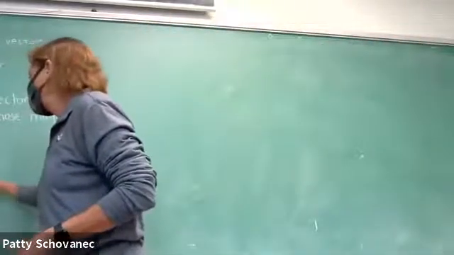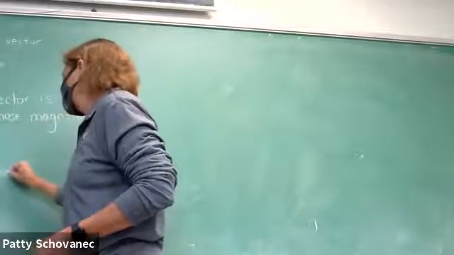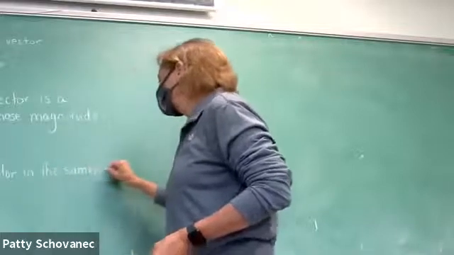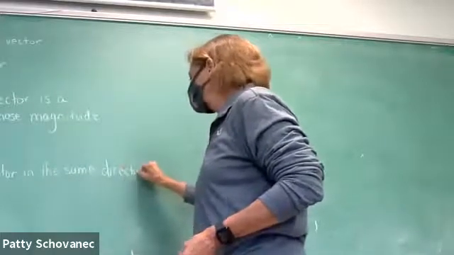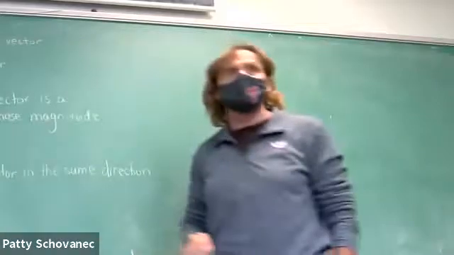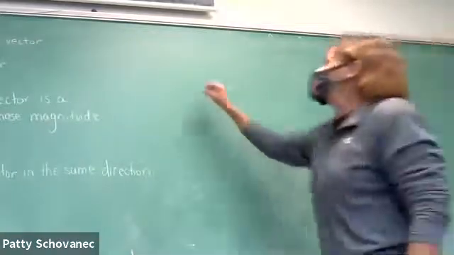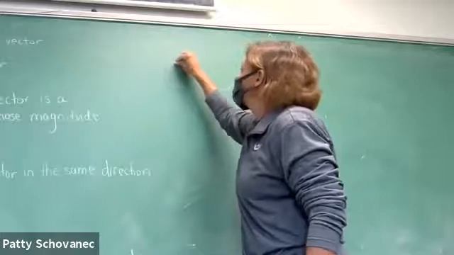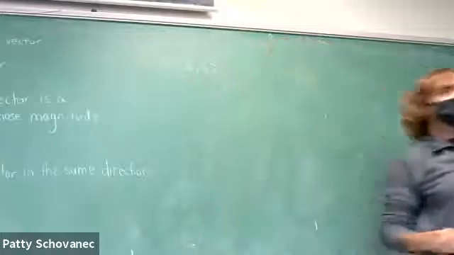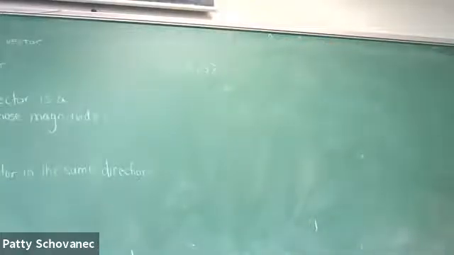A unit vector in the same direction as a given vector, well, let's think about it. Suppose I said this is the vector V. It has as its components 12 and 5. That's not a unit vector. What's the length of this vector? 13. I've got a triangle where the x direction is 12, the y direction is 5.